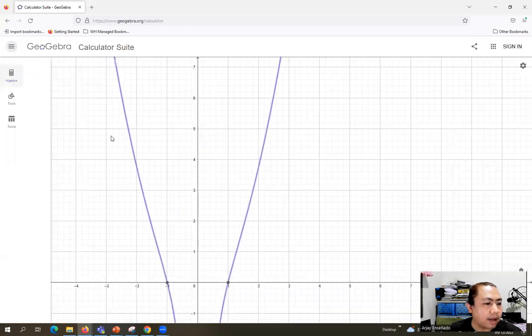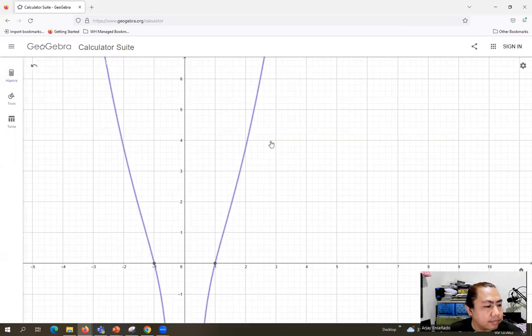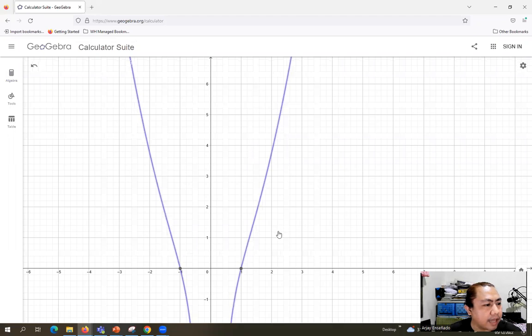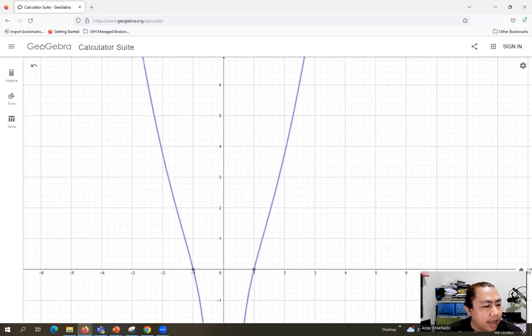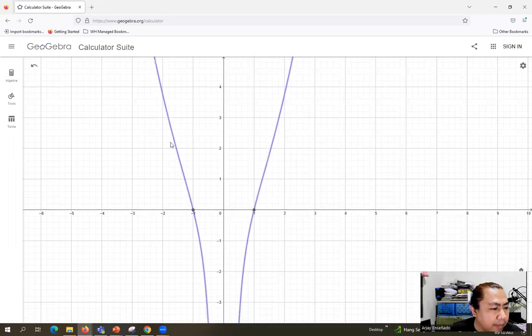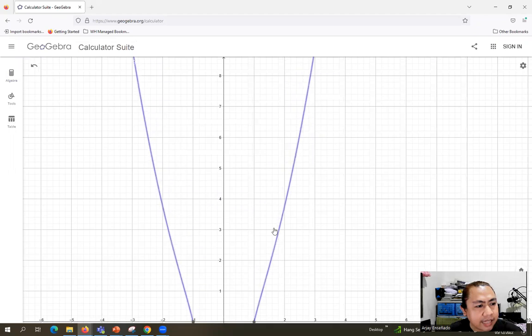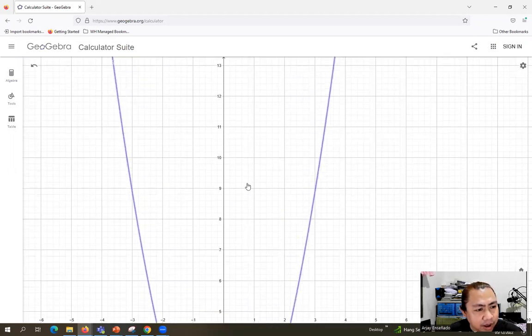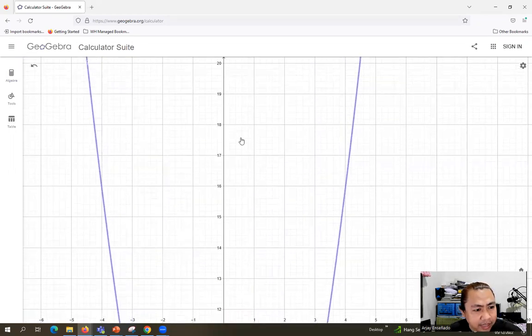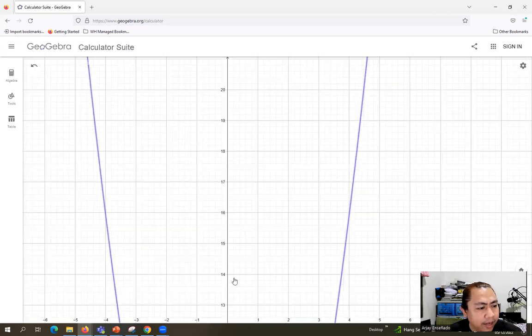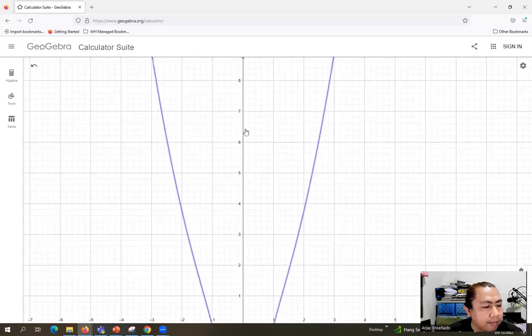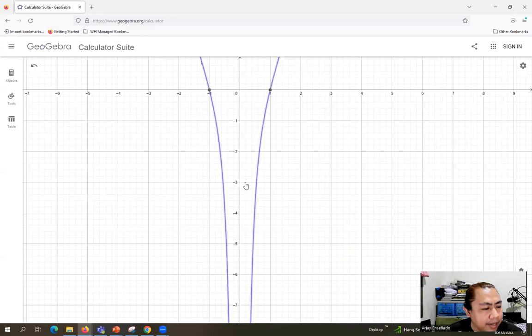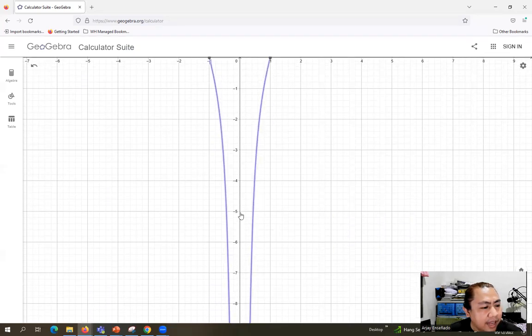Ayun, so tama ang graph natin. From negative infinity hanggang 0, pababa siya. Tapos 0 papuntang positive infinity, pataas na lahat yan pag in-extend natin yung graph. Pabuka ng pabuka, tapos dito naman sa ilalim, paliit naman yan.